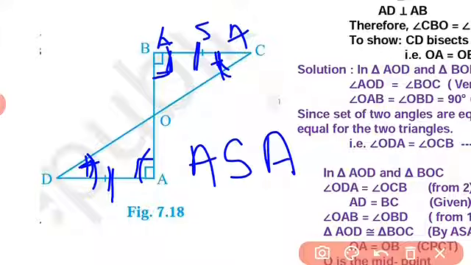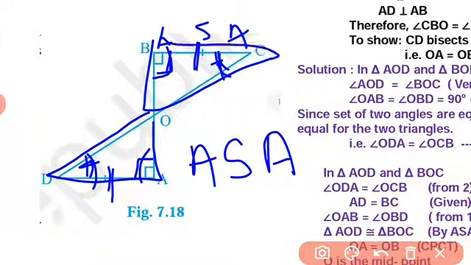What next we have to prove? We have to show that OA is equal to OB. So since these two triangles are congruent, by CPCT, corresponding parts of congruent triangles are equal, OA will be equal to OB.